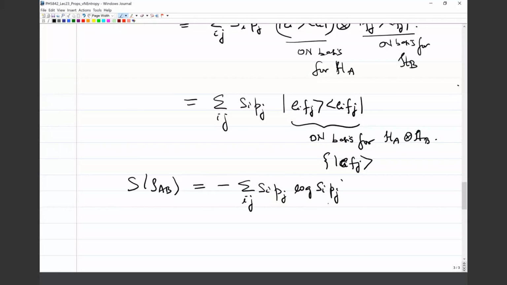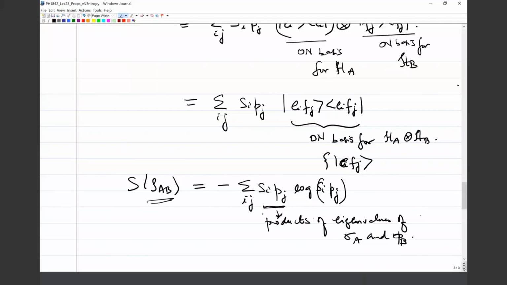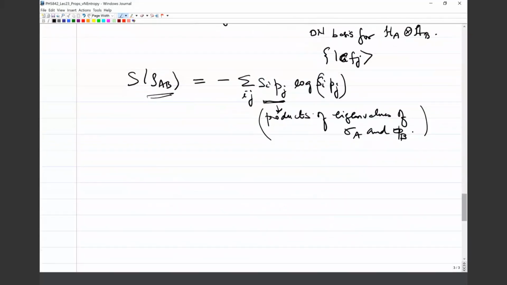So now these lambdas, which are the eigenvalues of rho AB, are simply products of eigenvalues of sigma A and phi B. Okay. So it should remind us of what?